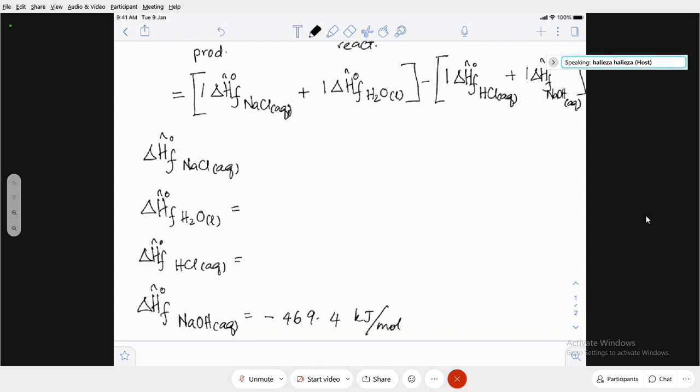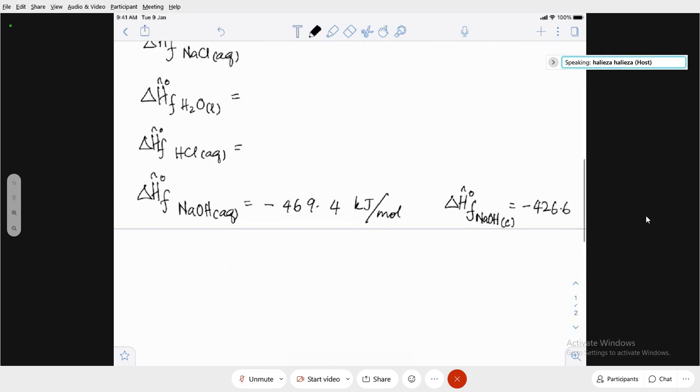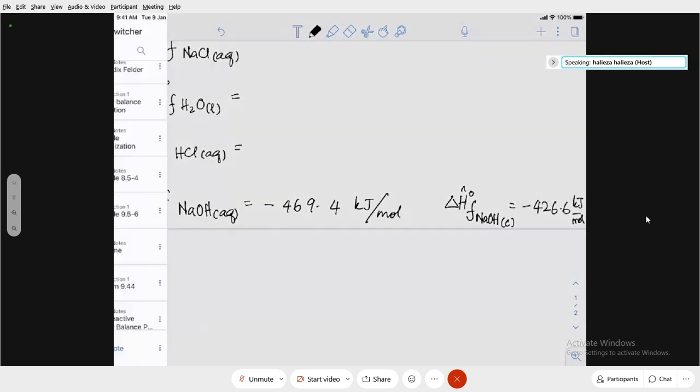The other value listed in the same row is for sodium hydroxide as a solid. That value is 426.6 kilojoules per mole. Let's go back to our appendix. I need to show you guys that.